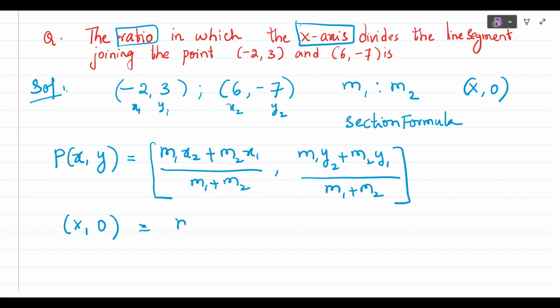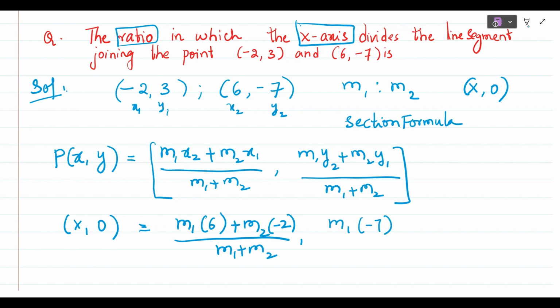We don't know. m1 into x2, 6, plus m2 into x1, minus 2, whole divided by m1 plus m2. Understood? Next, m1 y2, where is y2? Minus 7, plus m2 y1, that is 3, whole divided by m1 plus m2.